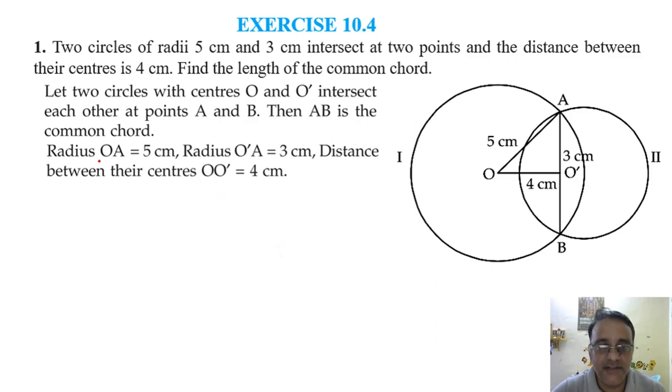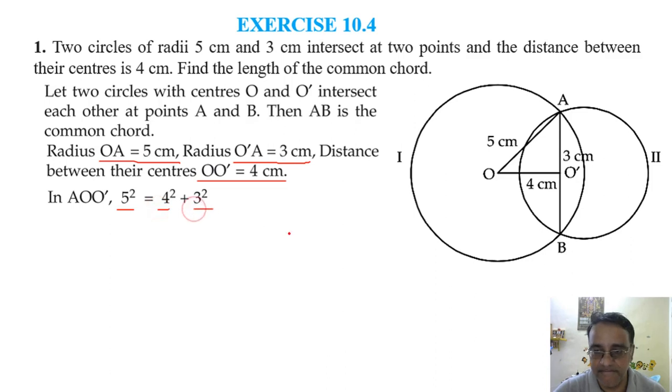First, radius OA is equal to 5 centimeter. Radius O dash A is equal to 3 centimeter, and distance between their centers, OO dash, is equal to 4 centimeter. Now in this triangle, 5 square is equal to 4 square plus 3 square. We are checking because this is the largest side among these three, so we are checking whether the square of that side is equal to the sum of the squares of the other two sides.